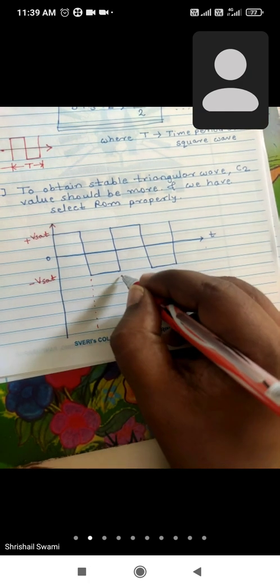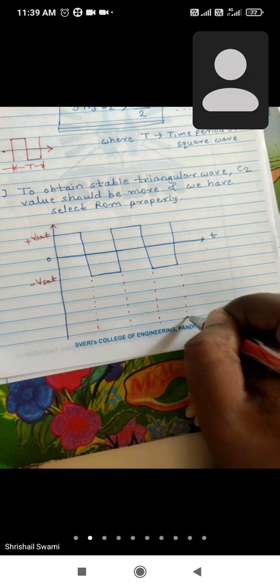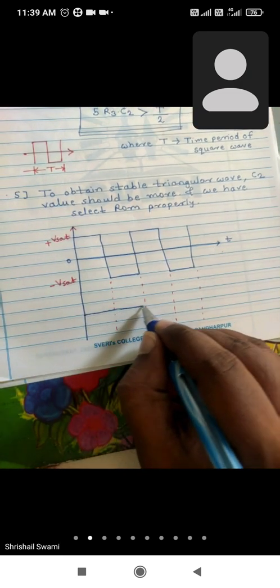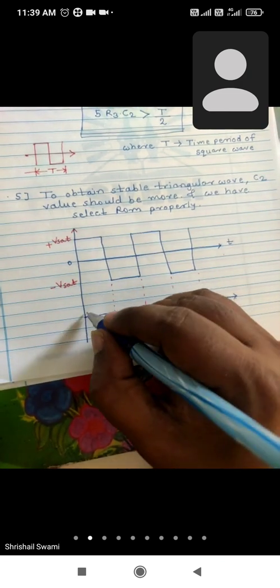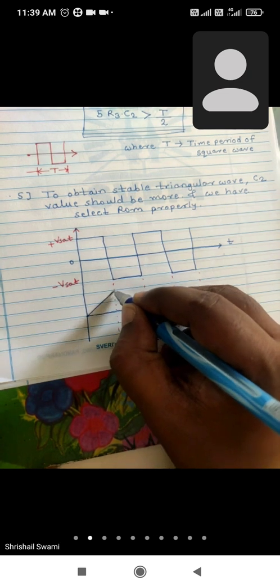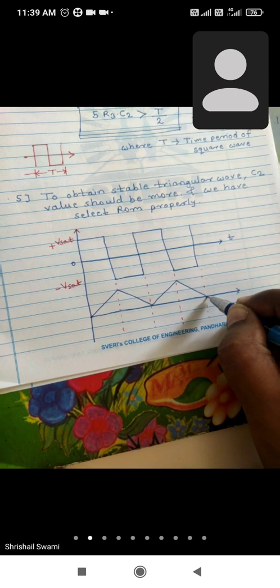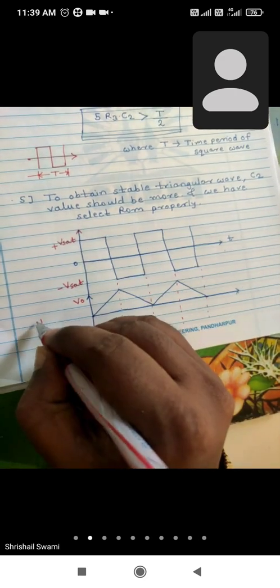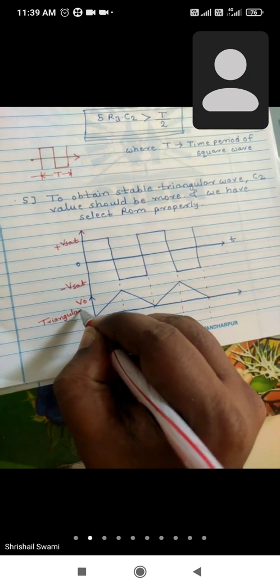With respect to that, we get the triangular waveform at the output of the integrator. If we draw that waveform, it is like this. This is the triangular waveform V0.